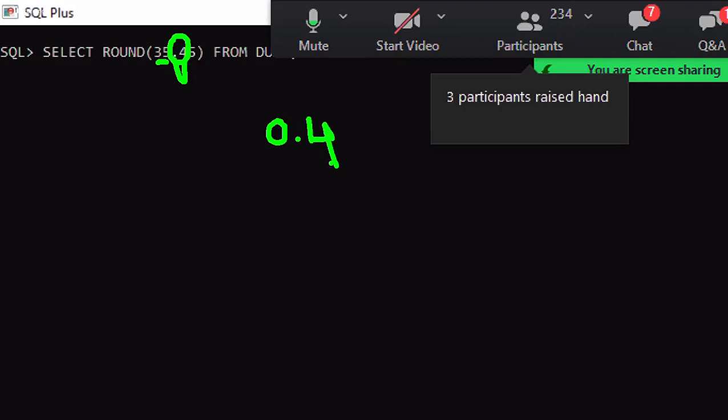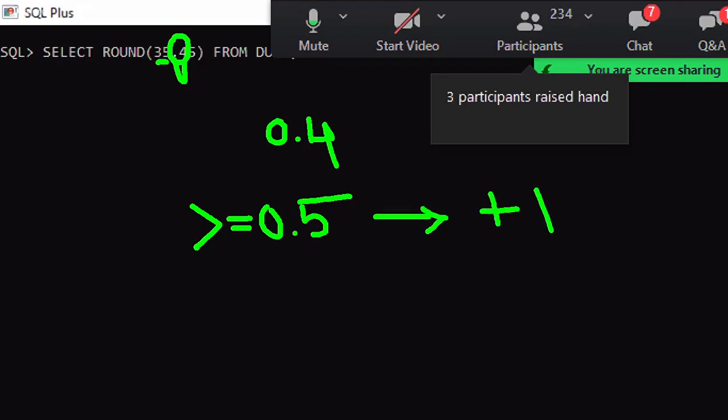But on the right side, if the point value is 0.5, equal to or greater than 0.5, then it adds 1 to your expression, that means to the left side value.